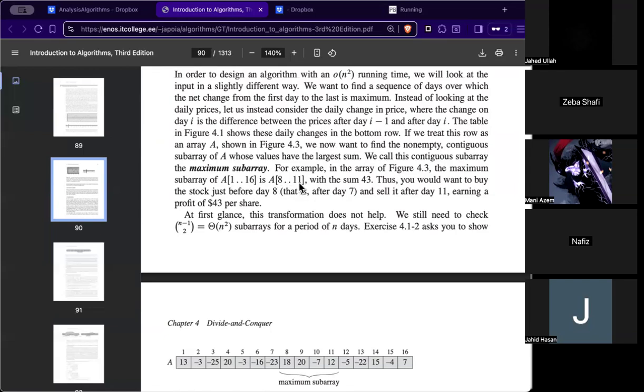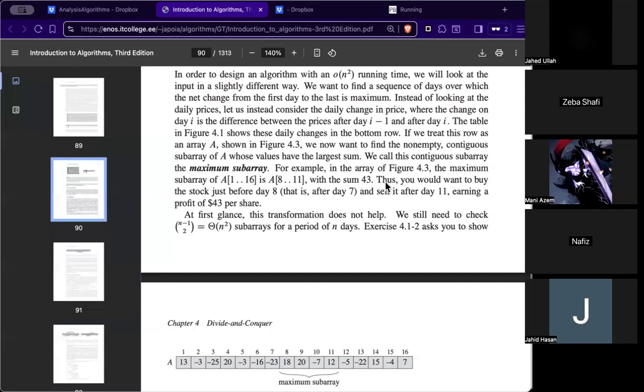Now, I should tell you that these things are inclusive, all right? So 16 is inclusive as the endpoint. A is inclusive on the other side with the sum 43. Now you'll notice that for the A part, we're not concerned about the 0, right? Because we're trading at the end of the day.